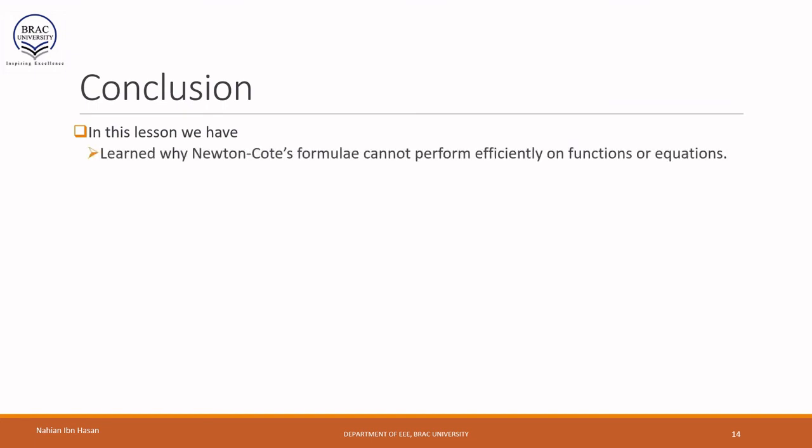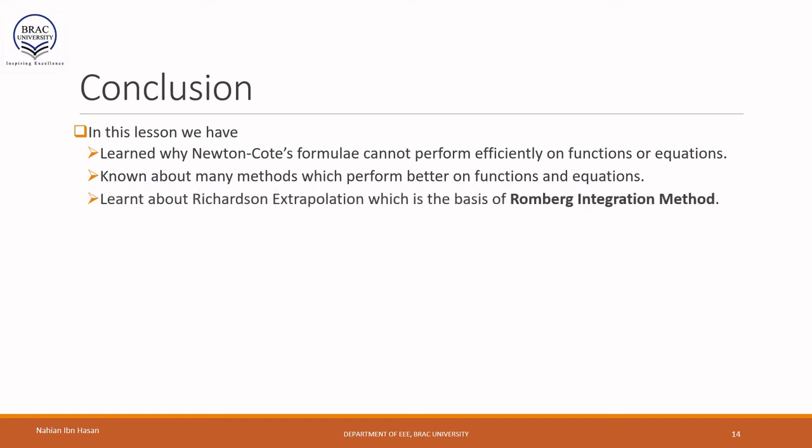In this lesson we have learned about the limitations of the Newton-Cotes formulas, like trapezoidal rules or Simpson's rules, and we have shown that Richardson extrapolation can provide better results based on those preliminary results. Richardson extrapolation is the basis of Romberg integration.